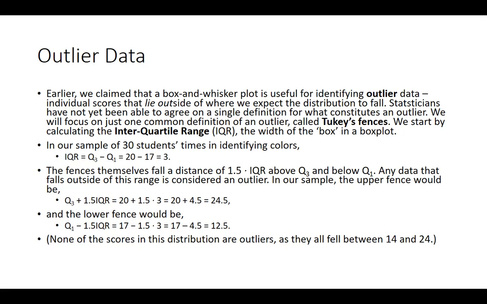Any data that falls outside of this range is considered an outlier. In our sample, the upper fence would be Q3 plus 1.5 times IQR, which is 20 plus 1.5 times 3, which is 20 plus 4.5, which is 24.5.